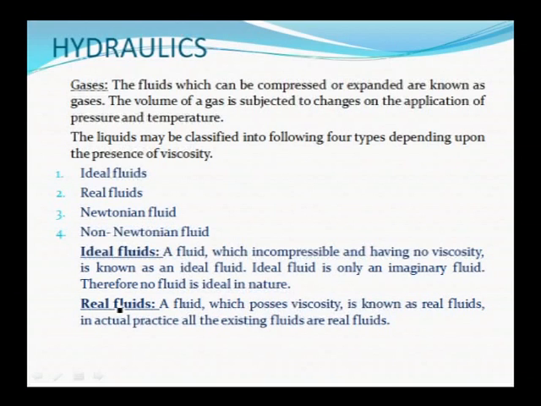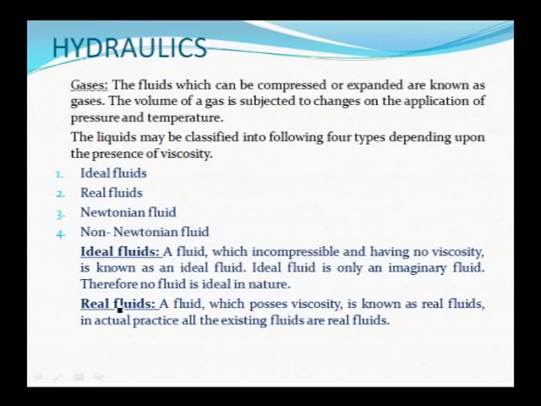Next, gases. The fluids which can be compressed or expanded are known as gases. The volume of a gas is subject to change on the application of pressure and temperature. So, here the gas can be compressed or expanded on the application of pressure.